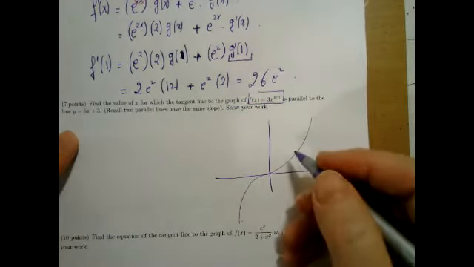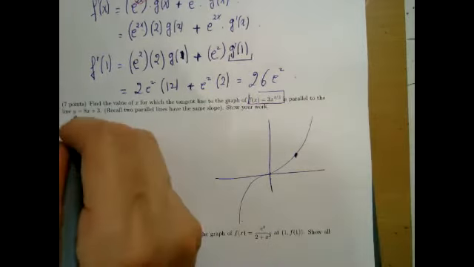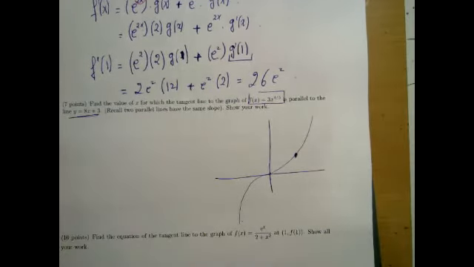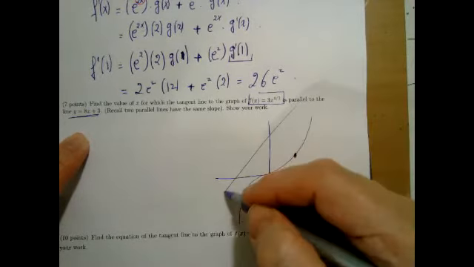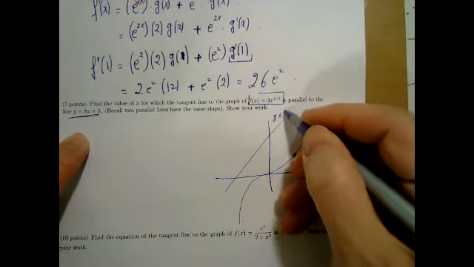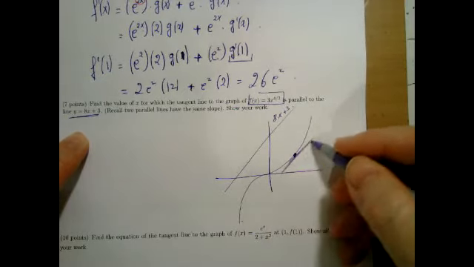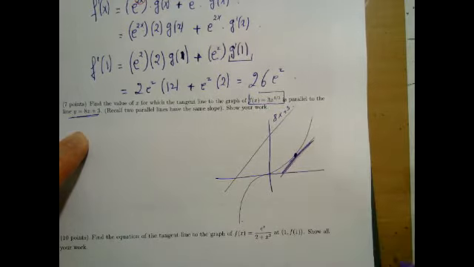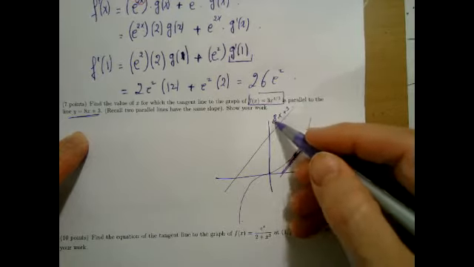But we have to find the point on the graph where the tangent line is parallel to y equals 8x plus 3. So let us say this is the line 8x plus 3. That's the line. The question is, I want to find the point where the tangent line is parallel to this line, which means I have to find a point where the slope of the tangent line is equal to 8.